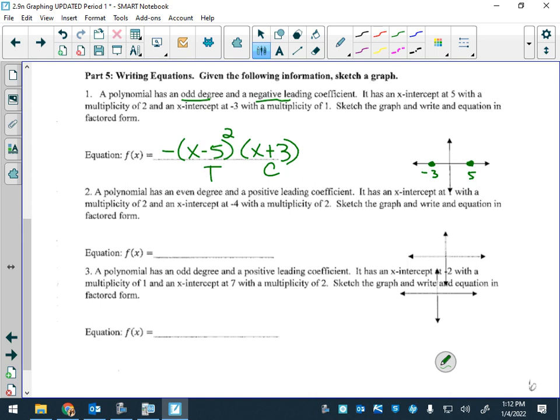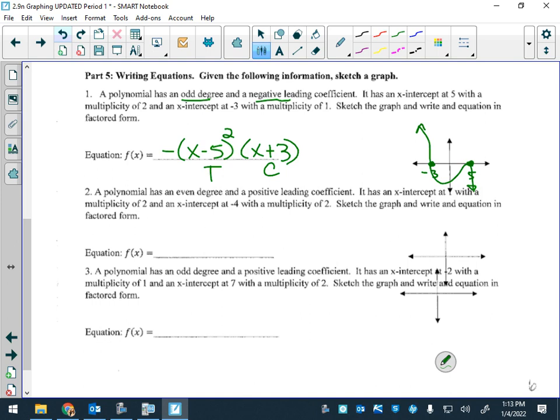So is it going to resemble a line or a quadratic? A line. So, again, negative line. We're crossing at negative 3. And then we're bouncing at 5. So this is what a sketch would look like. Again, it's a sketch. We're going to find the actual today.